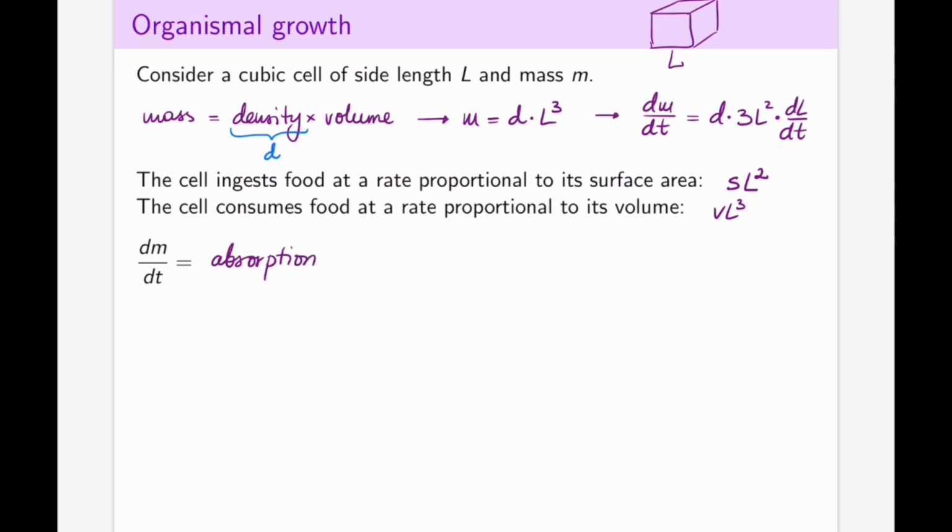It adds to the mass, whereas the consumption is something that we have to subtract, because this is what the cell needs to consume to live, and therefore the nutrients actually go away and do not make the cell larger. Now, luckily for us, absorption and consumption are exactly the things that we have just derived, so we can plug them in. Absorption is going to be SL squared, and consumption is going to be VL cubed.